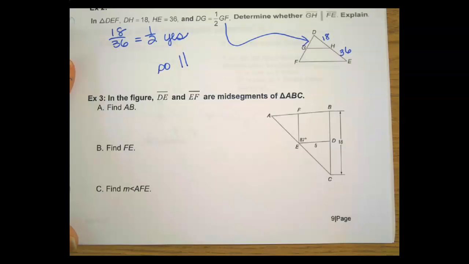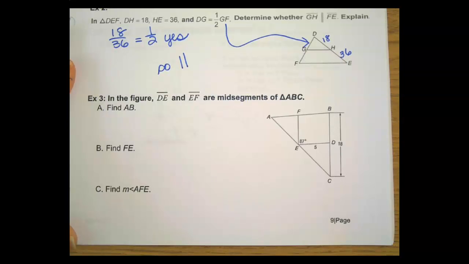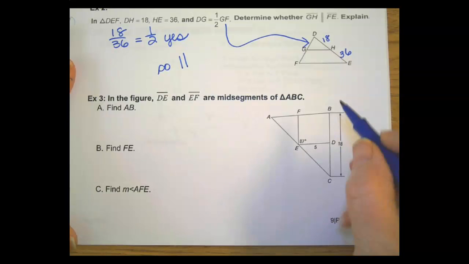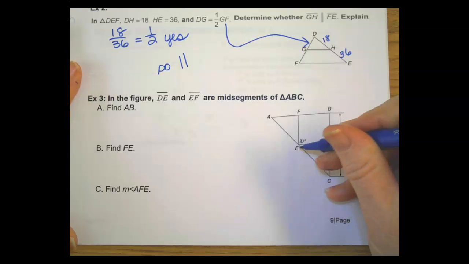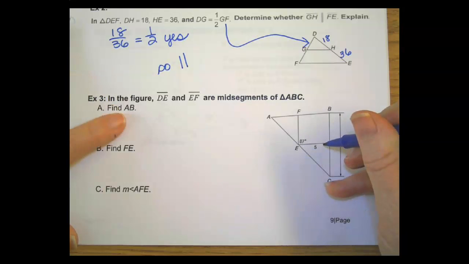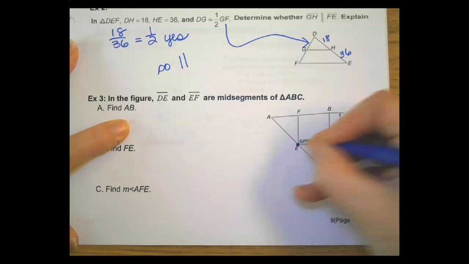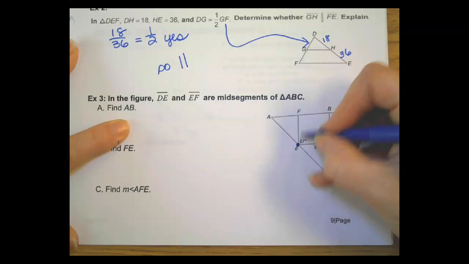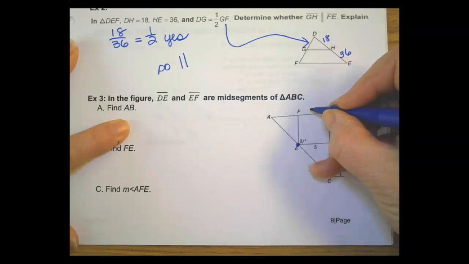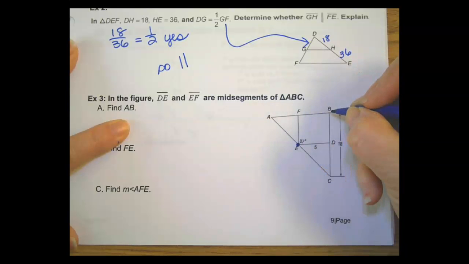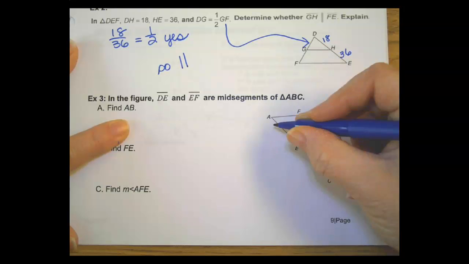Let's try this one. I keep thinking something's going to happen here. So in the figure, DE and EF are midsegments of triangle ABC.